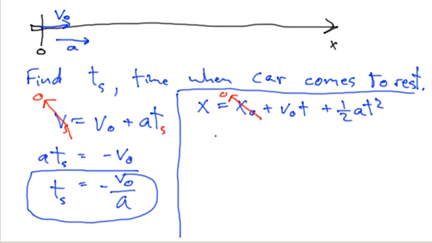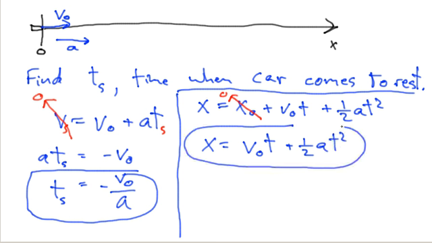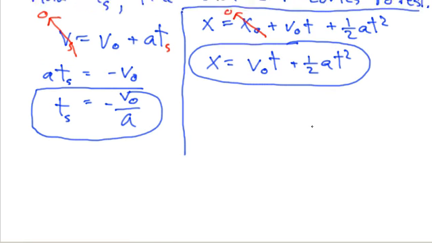So I'll go ahead and write it without anything crossed out in it. x equals v0t plus 1/2 at squared gives x as a function of time. So I think I've solved it algebraically.